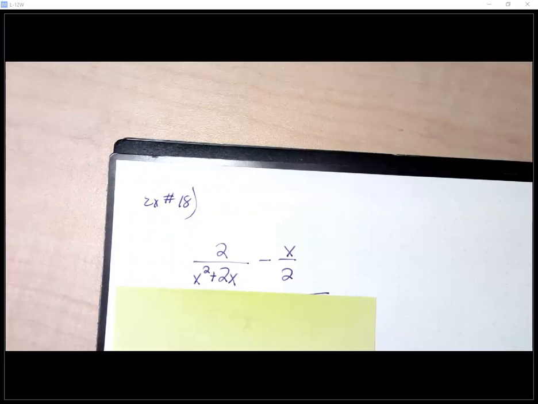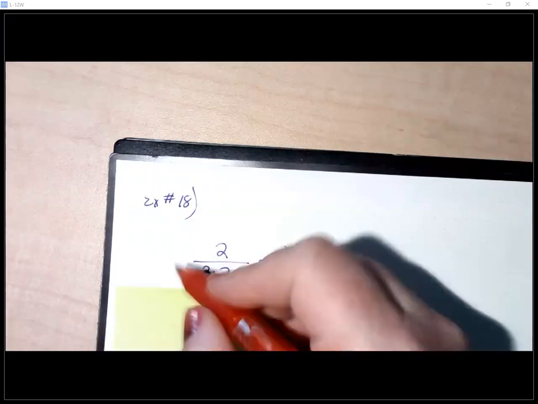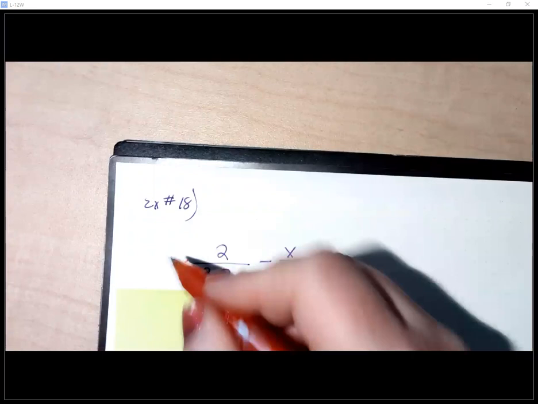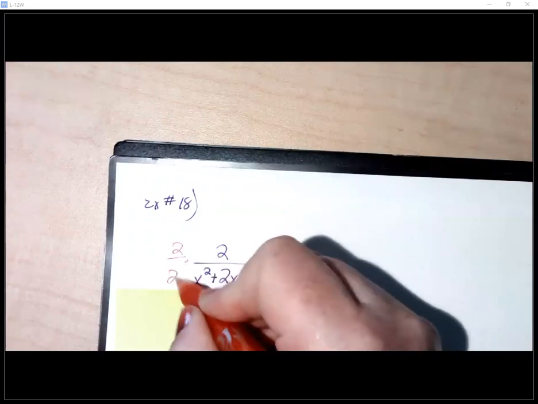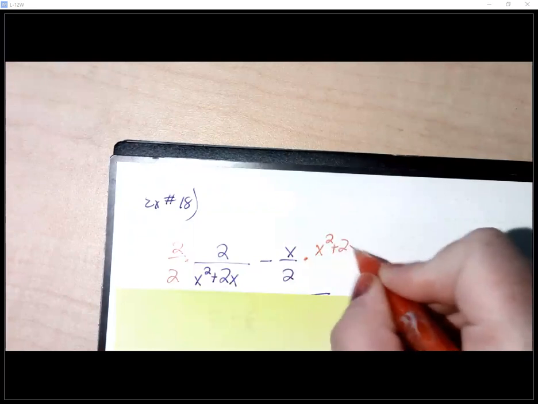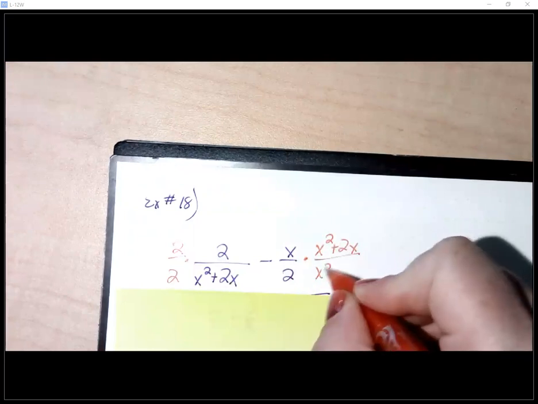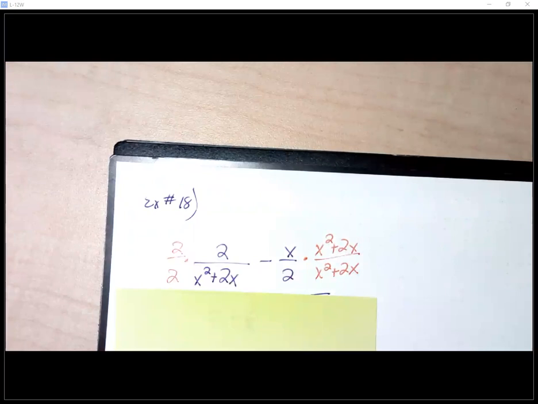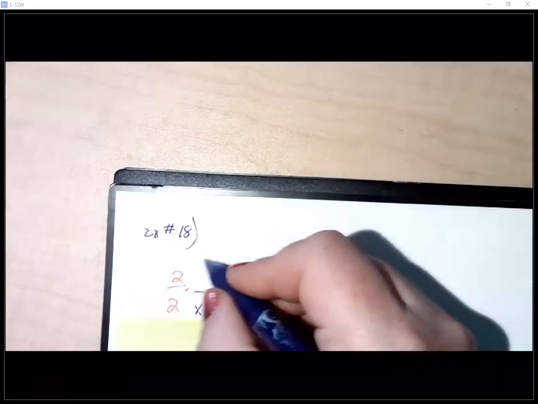So let's do it. The first one's gonna get multiplied by 2 over 2. And the second one's gonna get multiplied by x squared plus 2x over x squared plus 2x. Can we all agree that these two fractions now have common denominators? So my first one, 2 times 2, I'm just gonna get a 4.